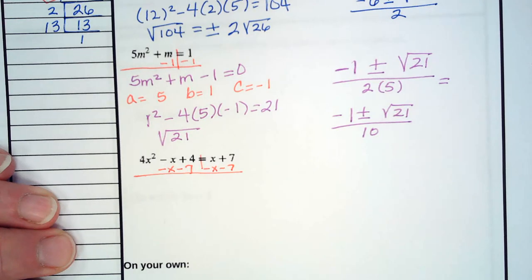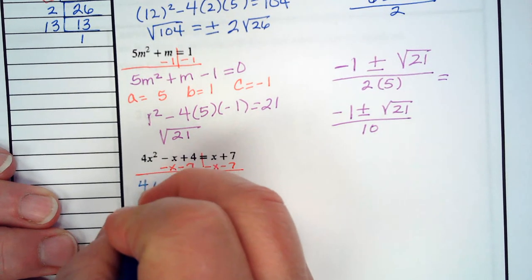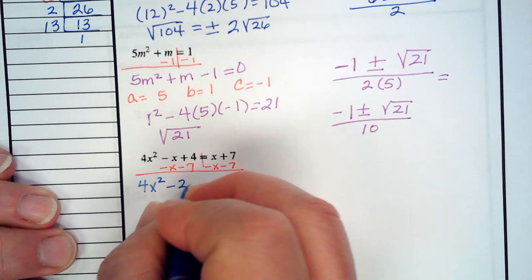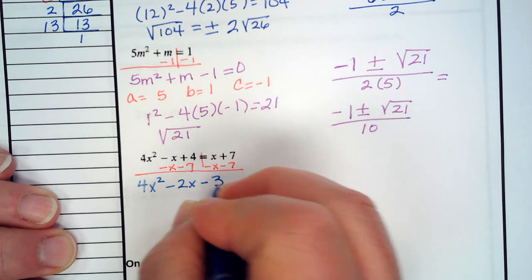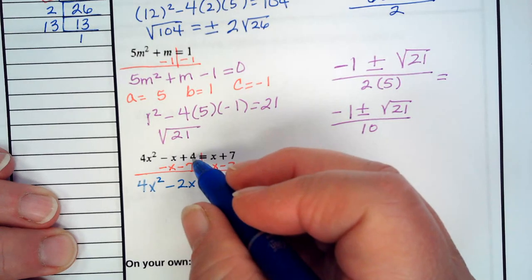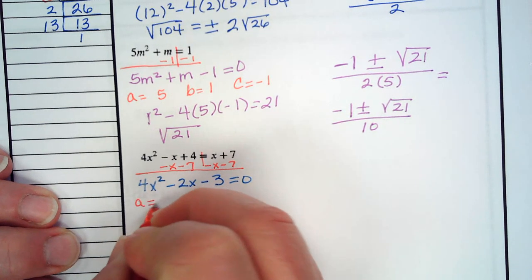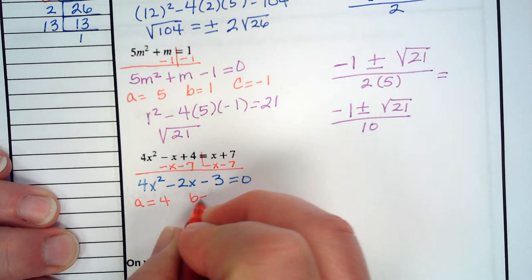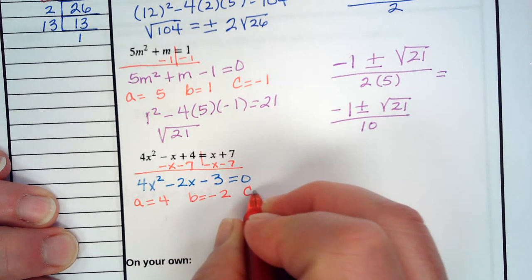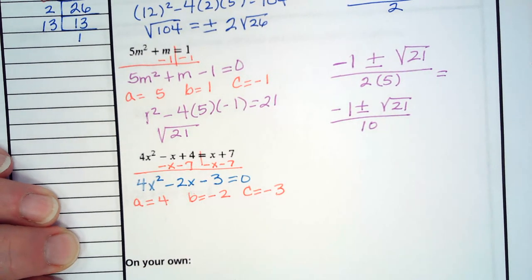I end up with 4x squared minus 2x minus 3 is equal to 0. 4 minus 7 is negative 3. Find A, B, and C. A is 4, B is negative 2, C is negative 3.